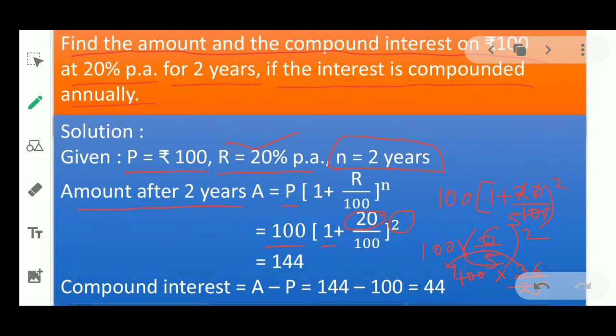Clear? So the compound interest, as we know, the formula is compound interest equals amount minus principal. Here the amount is 144 and the principal is 100. So 144 minus 100 is 44. So here the amount is 144 and the compound interest is 44. Clear?